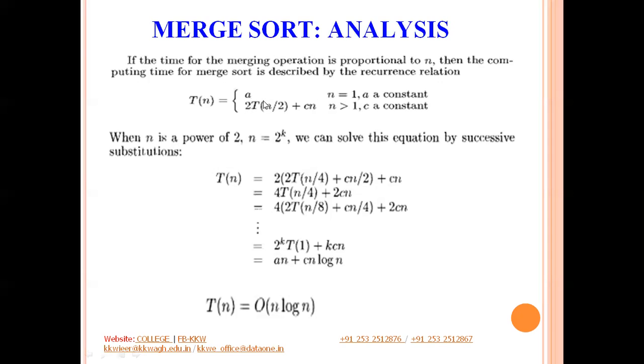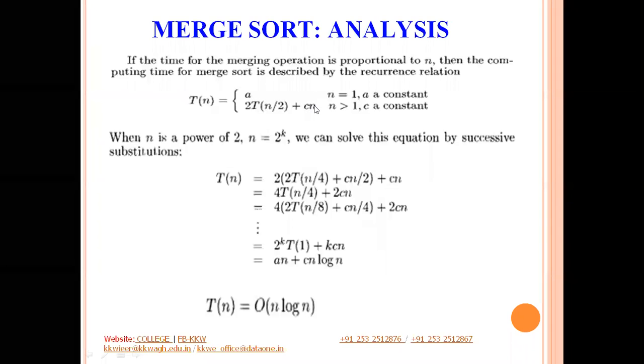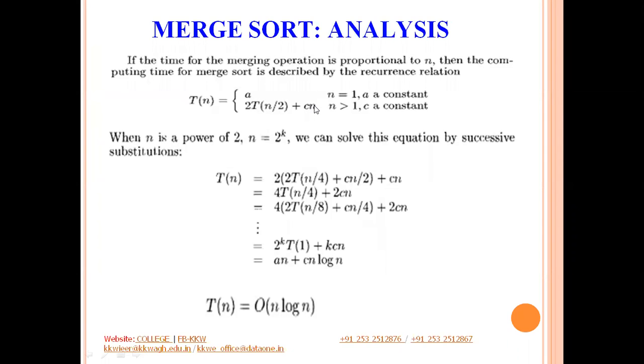So if this is T of n, instead of this also we have to write 2T of n by 2 by 2, which makes n by 4, plus c of n by 2. Instead of n, we are substituting n by 2, so it will be c of n by 2. Plus this c n remains as it is. When you solve this, it becomes 4T of n by 4 plus 2cn.